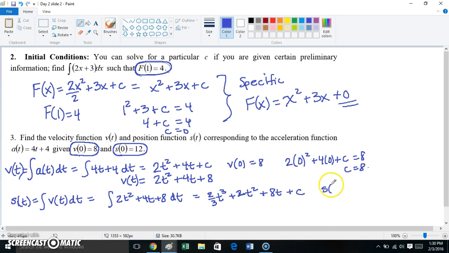Using the initial condition that s of 0 equals 12, we can see that evaluating these terms for 0 leaves c must be 12. All right, so the specific position function is 2/3 t cubed plus 2t squared plus 8t plus 12.